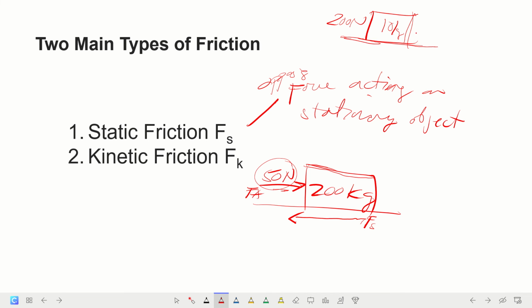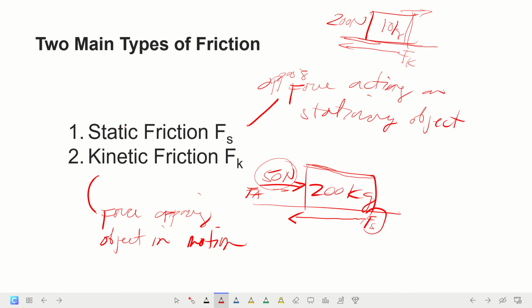Once the object starts moving, the friction that will act on this object is no longer a static friction. The friction that will oppose this object is the kinetic friction. That is why it is called kinetic, meaning moving. So kinetic friction is an opposing force, a force opposing an object in motion.